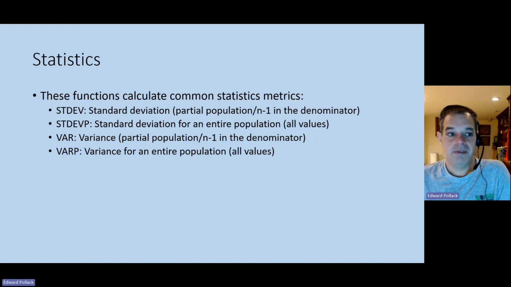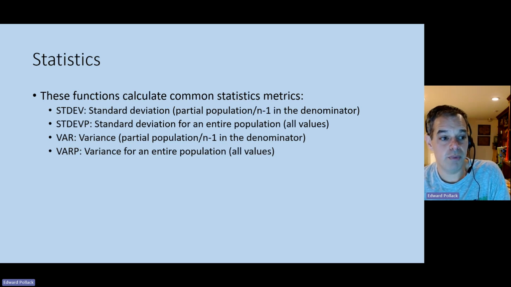You can do stats, as always. We can do things like standard deviations and variance. I noted the difference here between each of these. There's a slight difference between standard deviation and standard deviation for population, and variance and variance for population. The difference is really just one in the denominator. When you do a standard deviation or variance, it's assuming you only have a subset of a population.